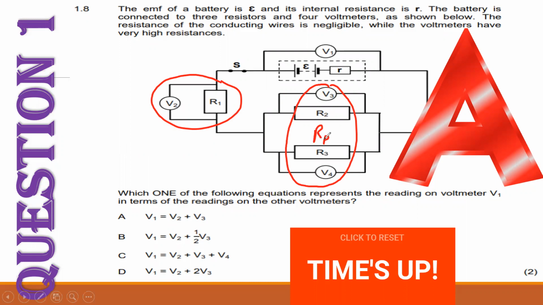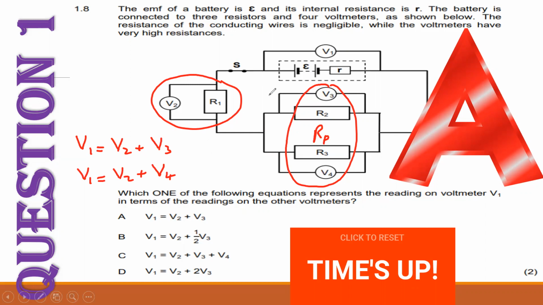So R2, R3 and R1 share V1. Because of that, you can write V1 equals V2 plus V3, or you can write V1 equals V2 plus V4, because we know V3 and V4 are equal.